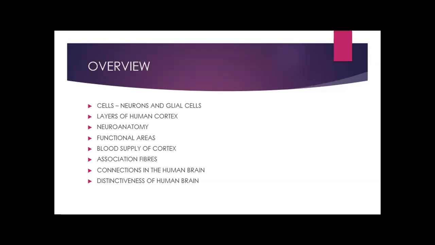The left side has been given language dominance, so the right side has visual spatial dominance. All the functions which you do visual spatially are defined by the parietal lobe, predominantly the right side. So if someone has a right parietal lobe lesion or tumor, the person will not be able to negotiate the environment adequately.